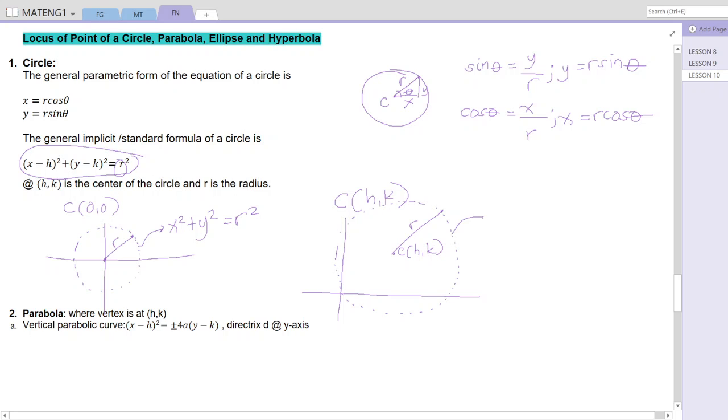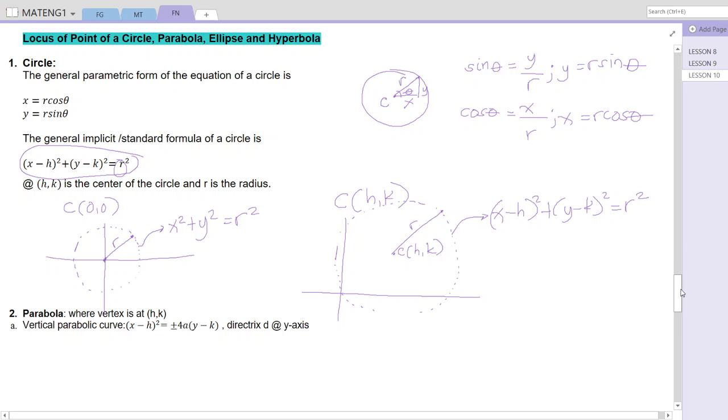The equation for the locus of points formed there is (x minus h) squared plus (y minus k) squared equals r squared.